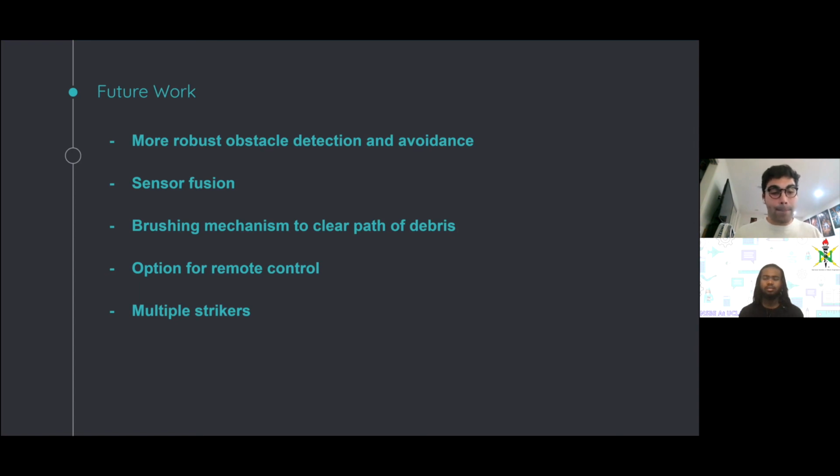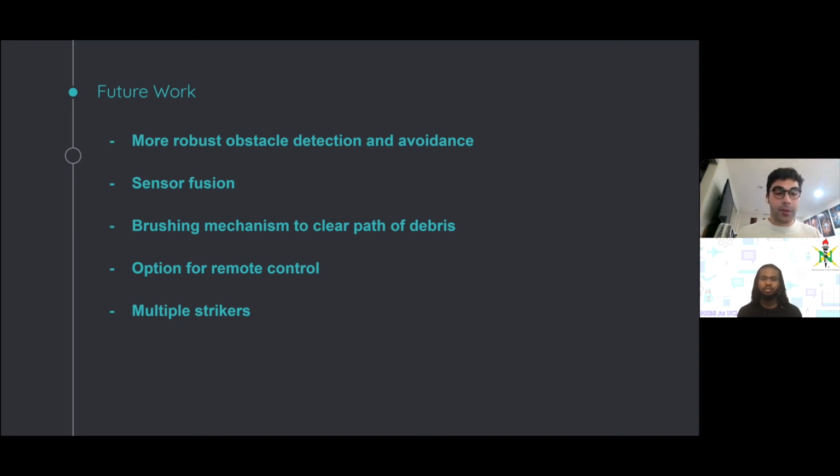Another thing that would be nice would be an option for remote control, and this would address any special cases that a test engineer would need to do, so that if the test engineer doesn't have an exact floor plan of the testing area, the engineer could simply grab a remote control and take the robot wherever they want and get a mobility reading for wherever that spot is.